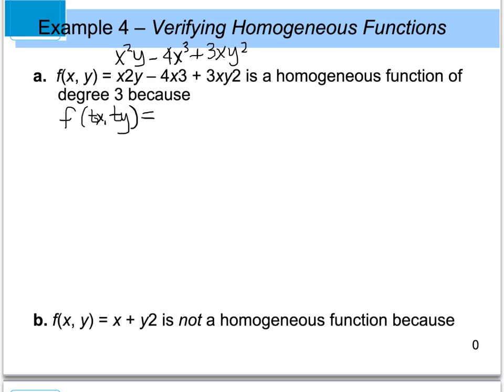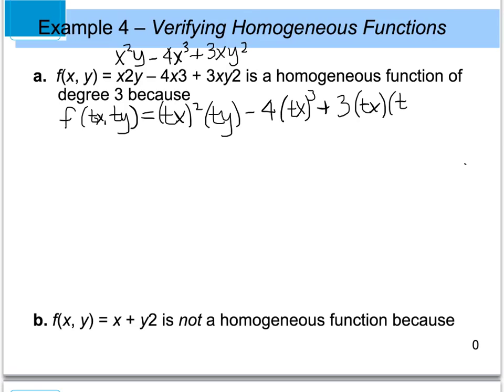So I end up with tx, that quantity squared, times ty, minus 4 times tx, that quantity cubed, plus 3 times tx times ty, and that quantity is squared.